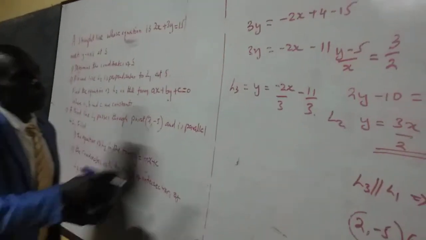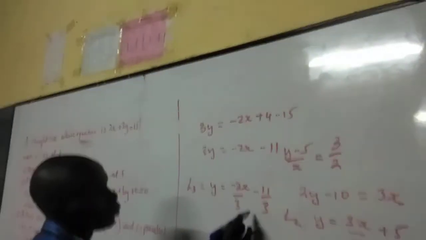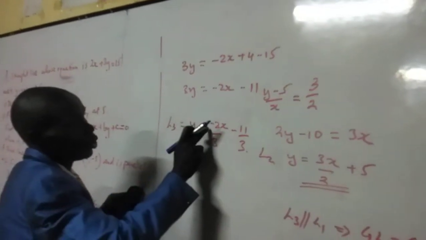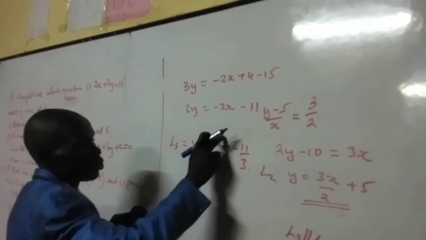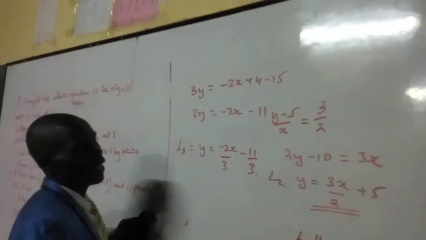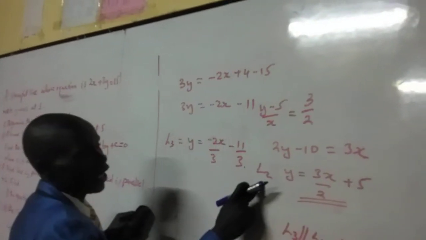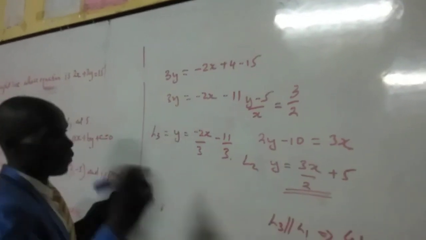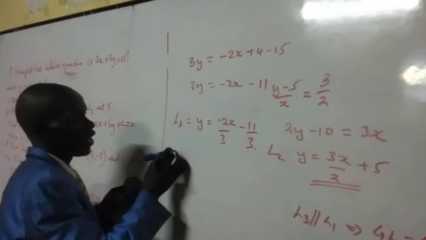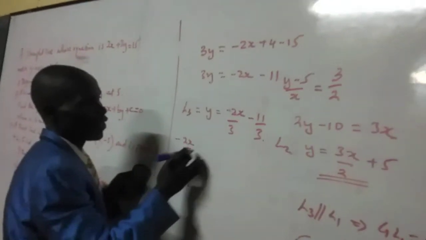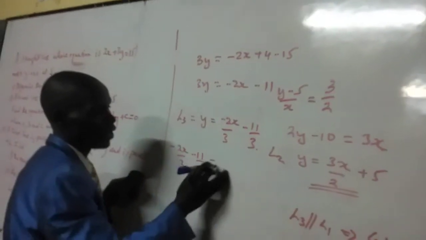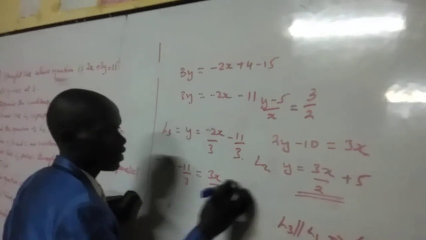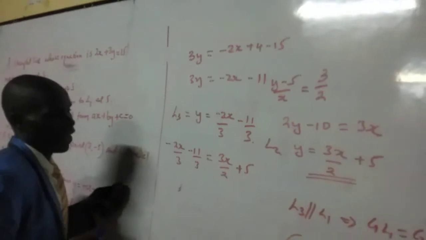So the equation of line L3 in the form of y is equal to mx plus c is y is equal to minus 2x over 3 minus 11 over 3, and the equation of L2 is y is equal to 3x over 2 plus 5. So at the point of intersection, we say that negative 2x over 3 minus 11 over 3 should be equal to 3x over 2 plus 5.